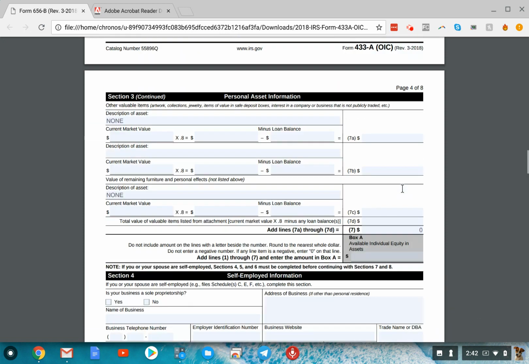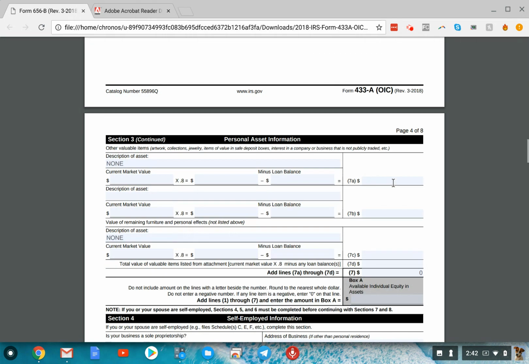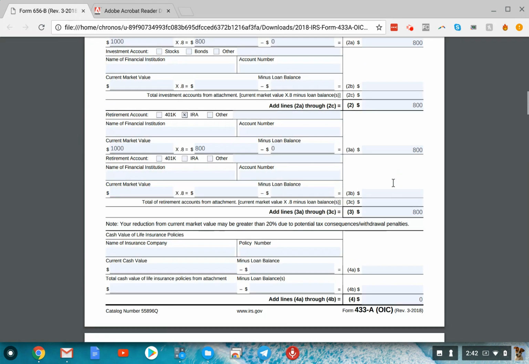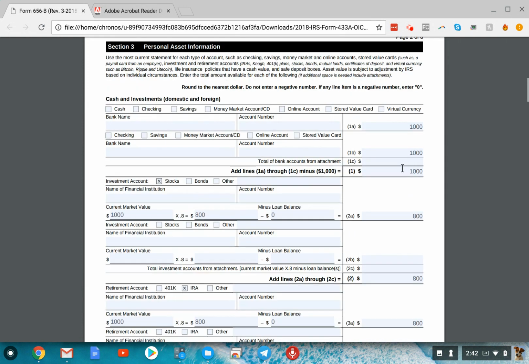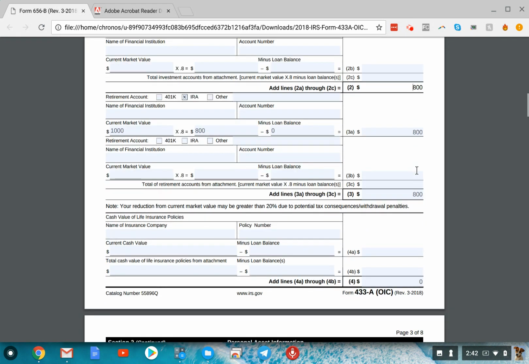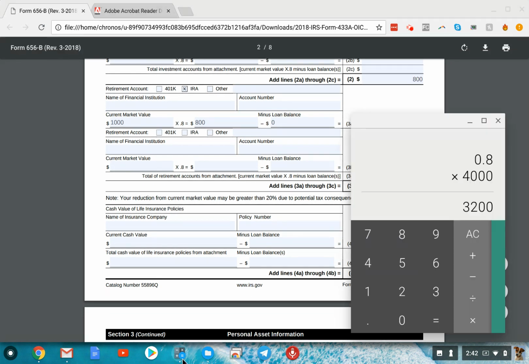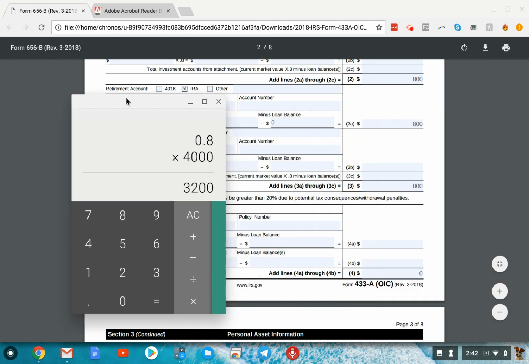So here we go. Now we're looking at box A. Box A is going to be adding up all the bold spots, 1 through 7. So we got 1,000. We got 800. That's 1,800. Let's keep it easy.